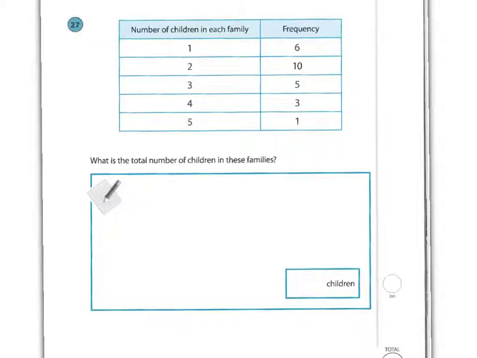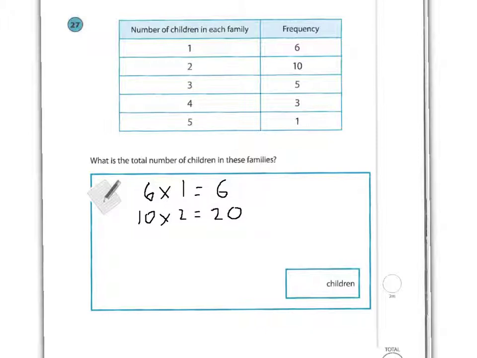Question 27. The table shows the number of children in each family and frequencies. So we've been asked to work out the total number of children in these families. The number of families with one child was 6. So 6 times 1 child is 6 children. The number of families with 2 children was 10. So 10 times 2 would be a total of 20 children.